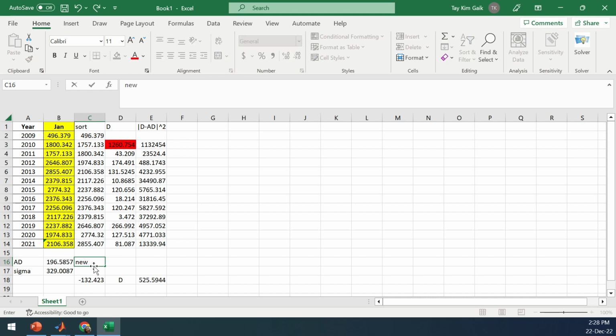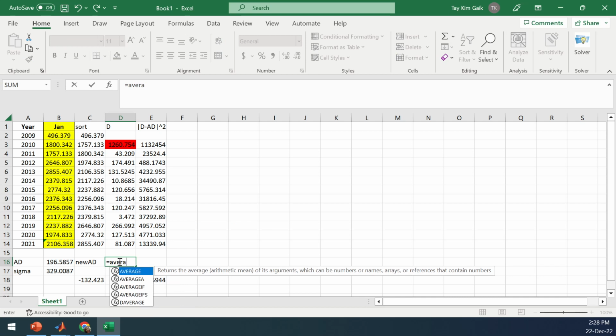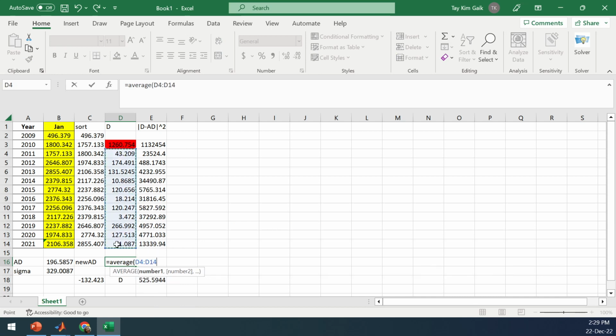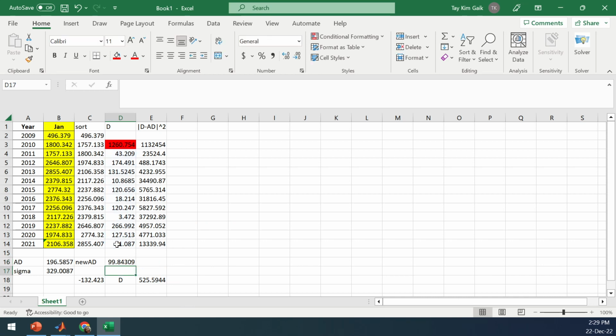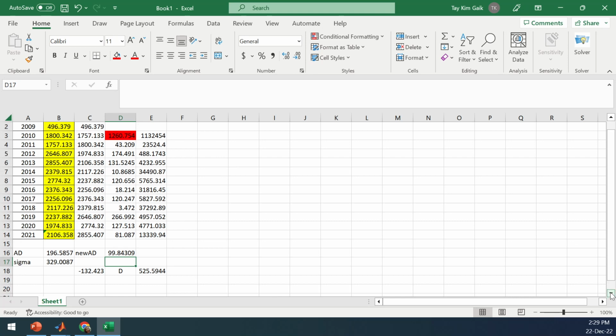Then the new average distance will be the average of all the D which are in the interval. After that, you find the lower bound and the upper bound of the universe.